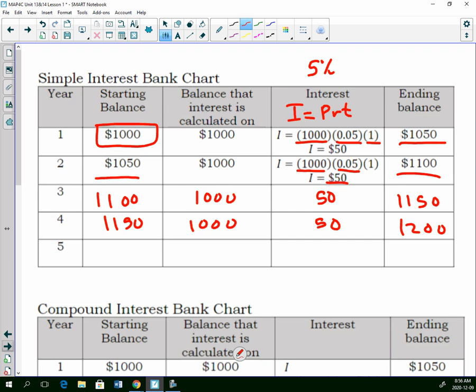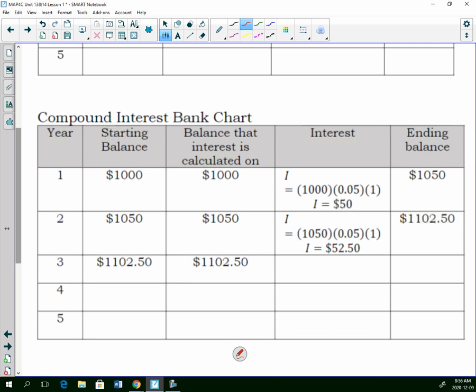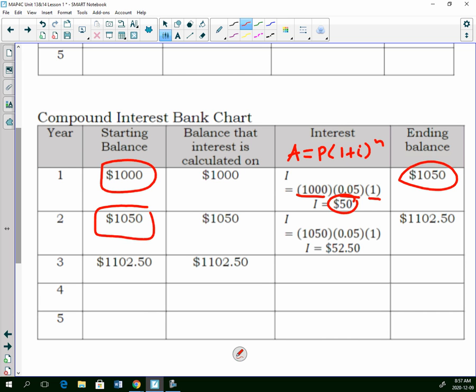The difference in compound interest is that when we calculate the first interest, we start with $1,000. So we do $1,000 times 5% for 1 year. You get your $50, and you're at $1,050. But the next time they calculate interest, they're calculating it on the $1,050, not the $1,000.